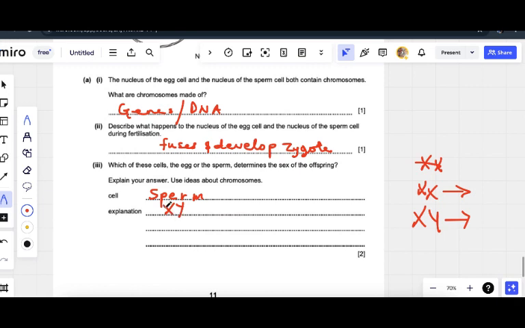In the explanation, we say the X from the sperm meets with the X in the egg, becomes female. I put an arrow, meaning it becomes female.